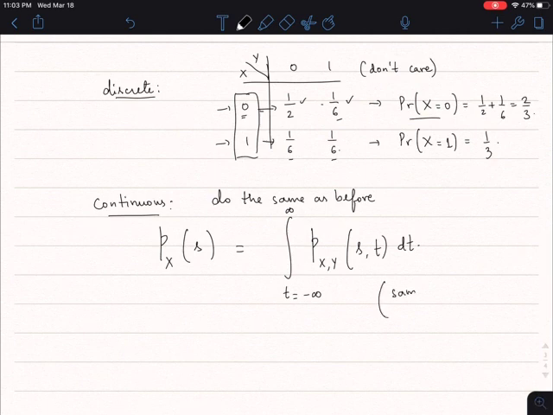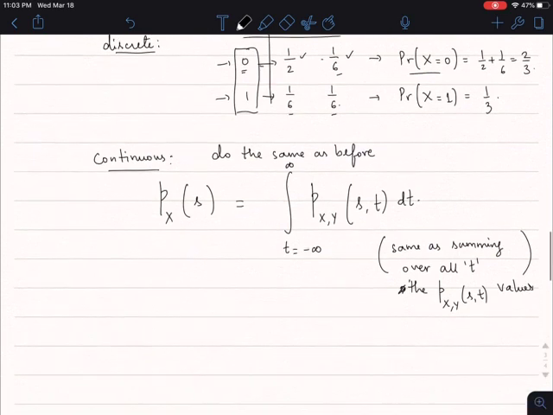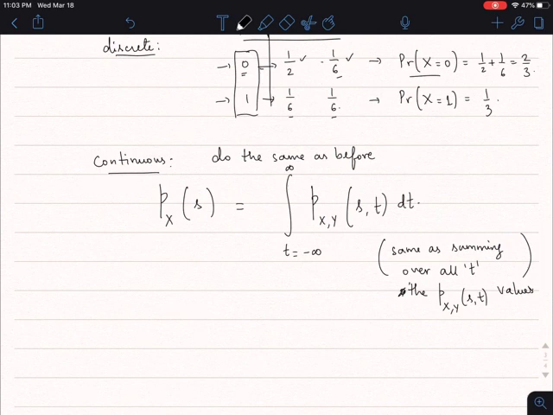the p_XY(s, t) values. And this is how we define the marginal distribution of x.